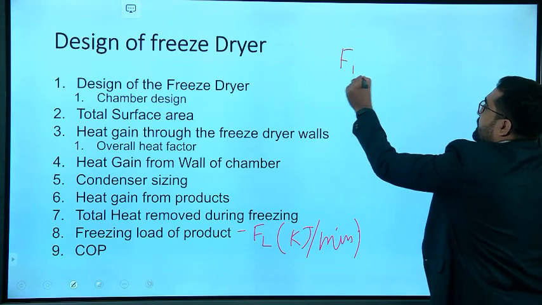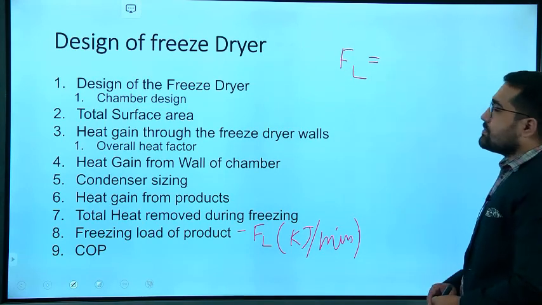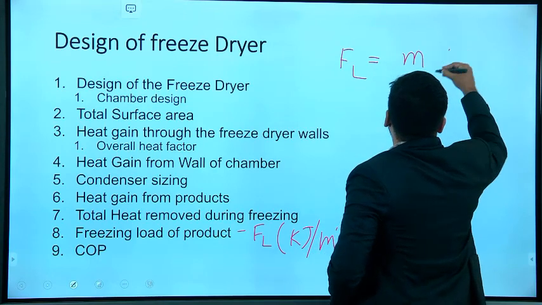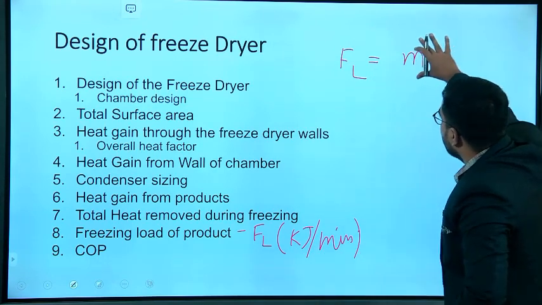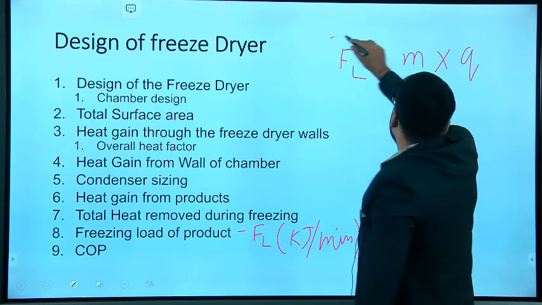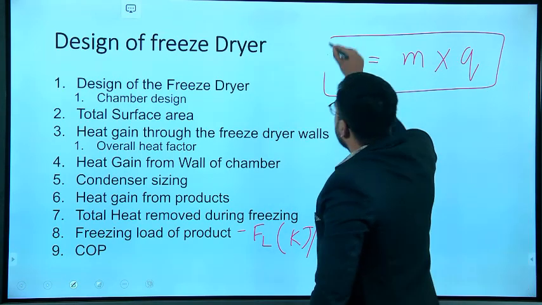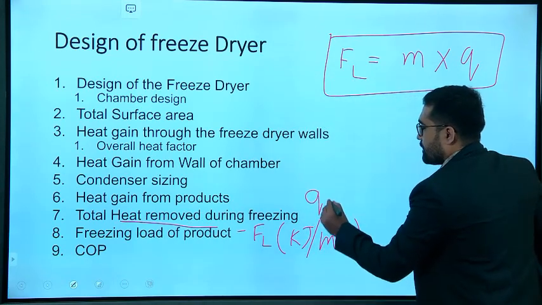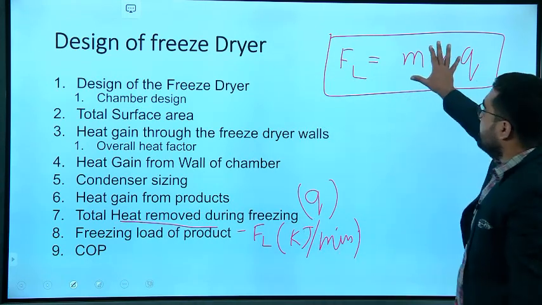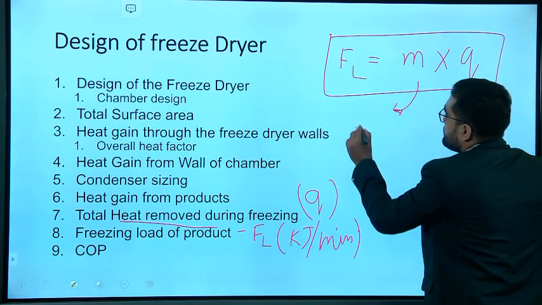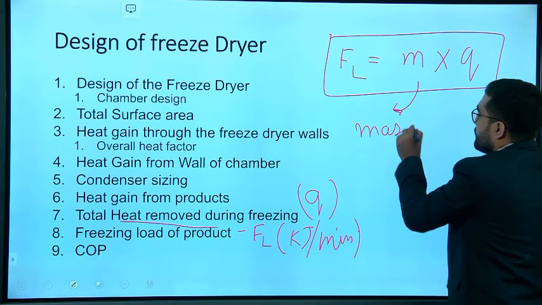Freezing load is equal to the mass of the product we are dealing with inside our chamber into the total heat removed, which is Q. When it multiplies with the mass of the product, it gives us the freezing load.